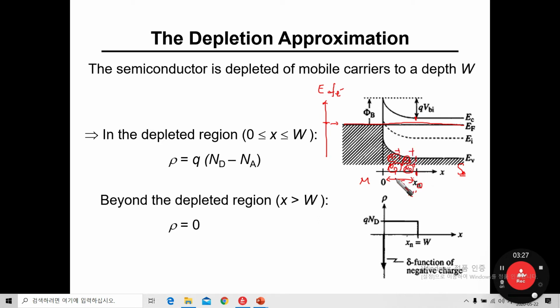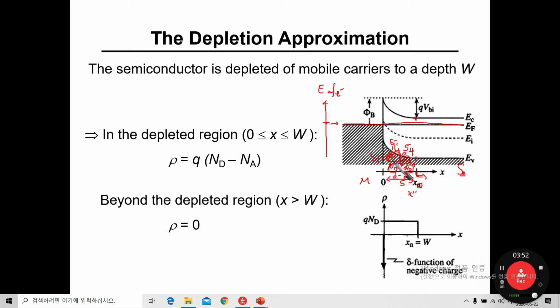and its partner, the fifth electron of this donor atom, has diffused into the metal side or into the bulk side. So the only thing left behind is tightly bonded ionized donor atoms.